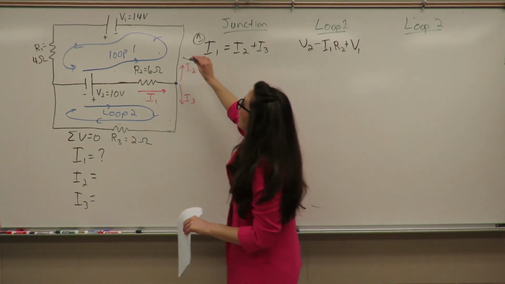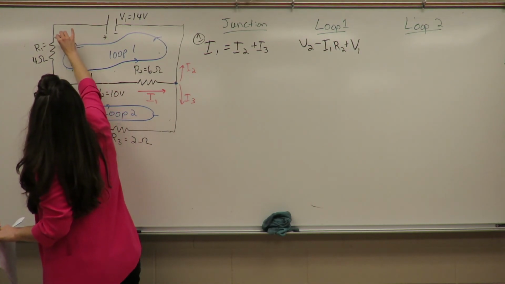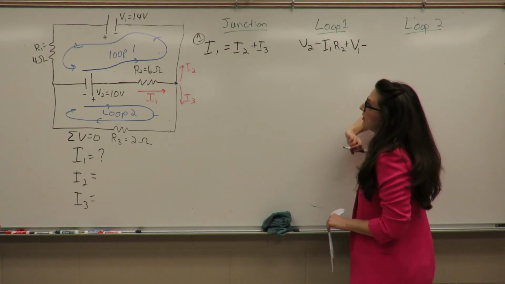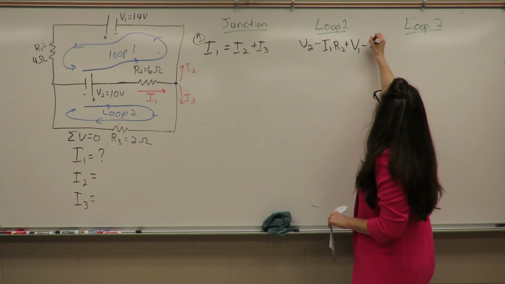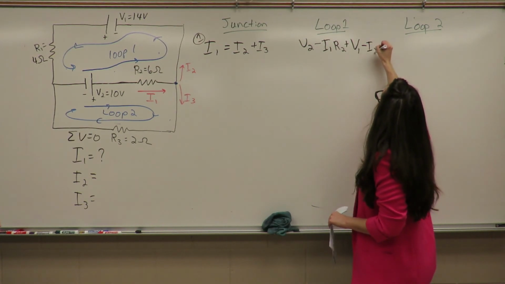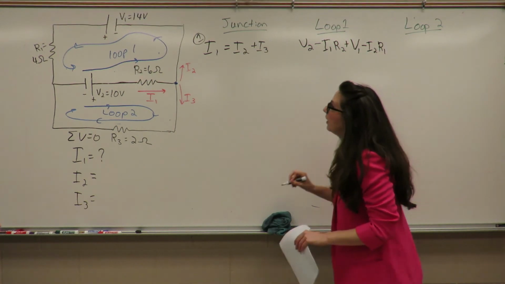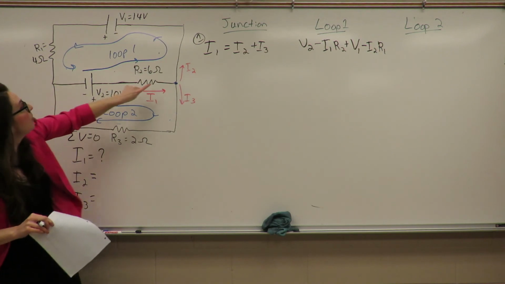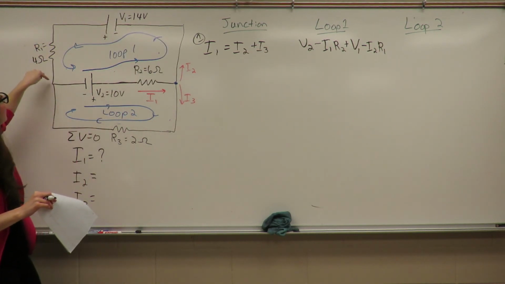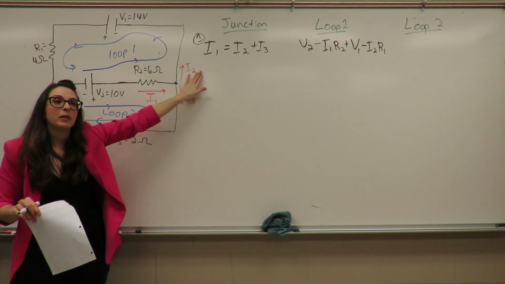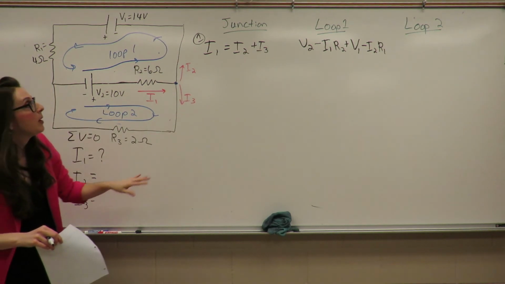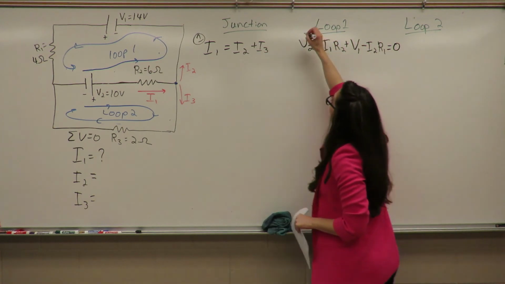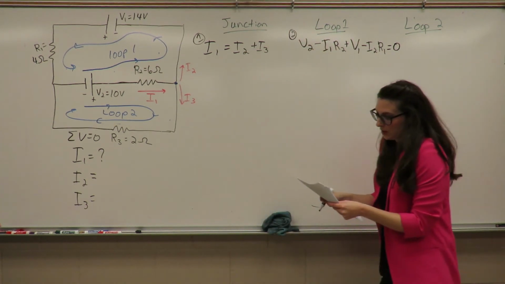And then along this loop, I go through resistor 1. That will be minus I2 R1, because the current going all along this loop from here over to down here we've labeled as I2. So that will be minus I2 R1, and that all equals 0. So that's my second equation.